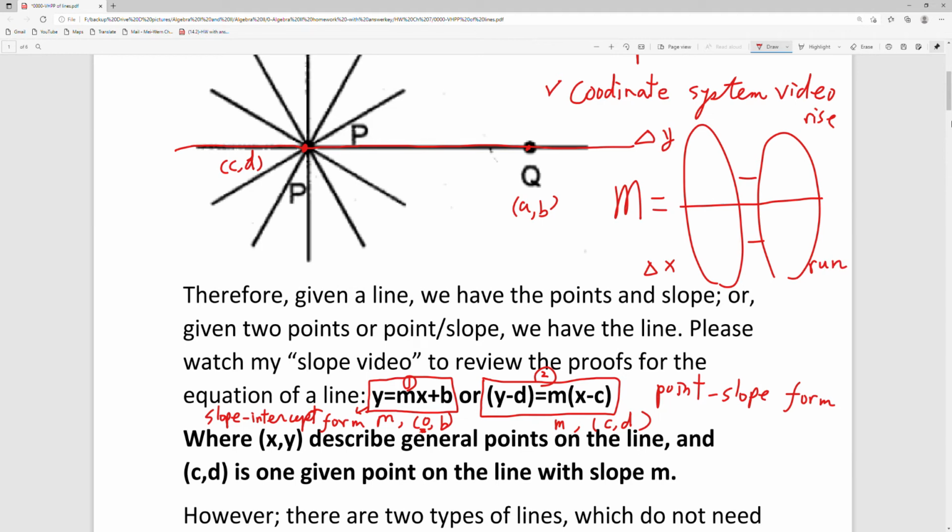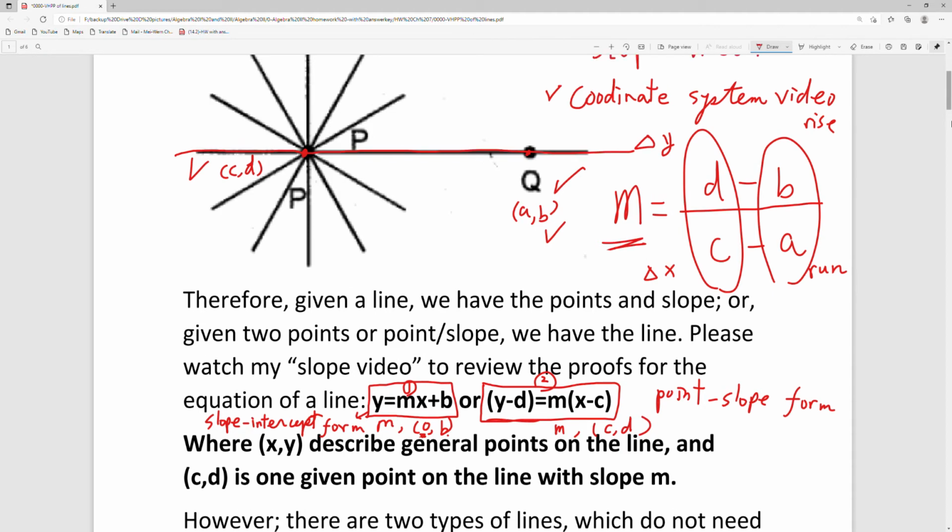So d minus b over c minus a. You find the slope. After you find the slope, you can choose either 1 point. You only need 1 point for either formula. If you have the y-intercept, then you choose the y-intercept. If you have no y-intercept, then you choose either point and then use formula 2.